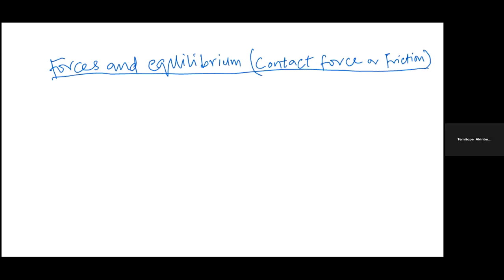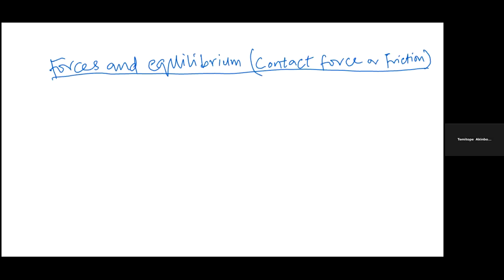Ibukun, can you help again? Static friction is when the object is at rest. And then dynamic friction is when the object is moving. Very good. And somebody mentioned limiting friction the other time. I think Bolaji, you mentioned limiting friction. Yes, that's where the limiting friction comes in.